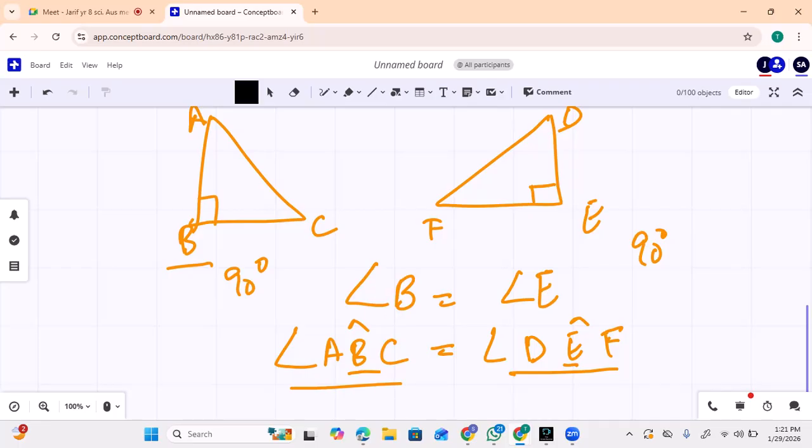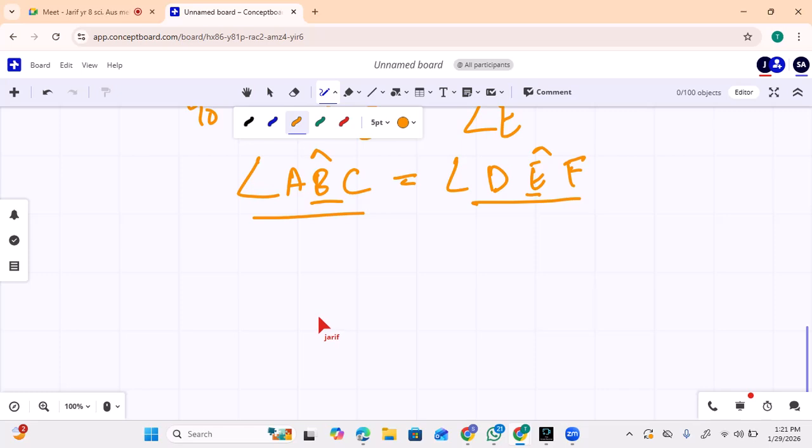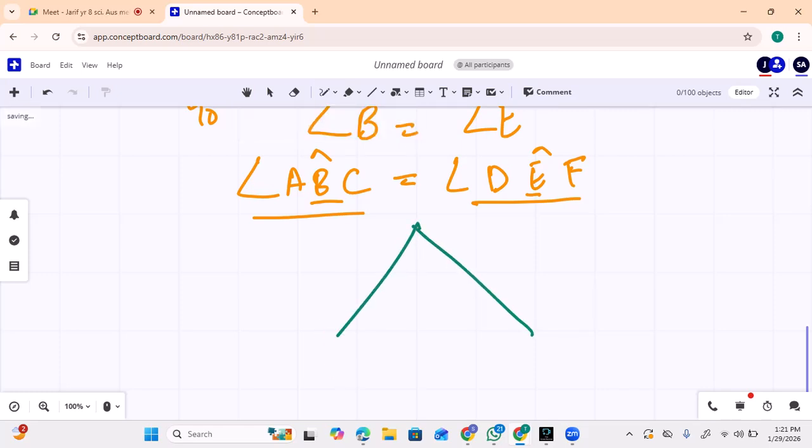And also, if you take another example of a perpendicular bisector, say X, Y, Z, and now it's M, and you have this angle right here.